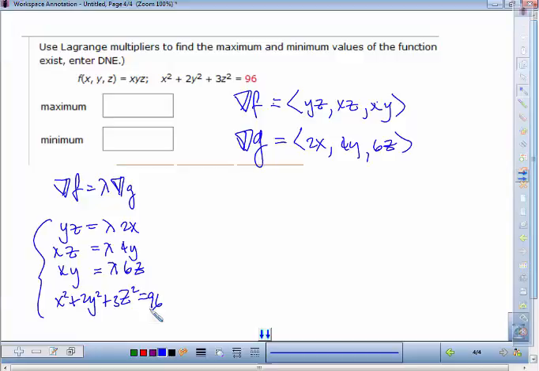So now, what do we do? When we do substitution, what are we going to substitute for where?